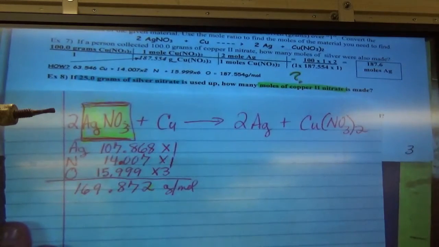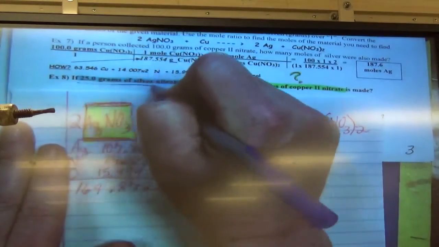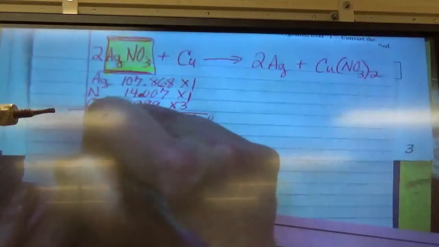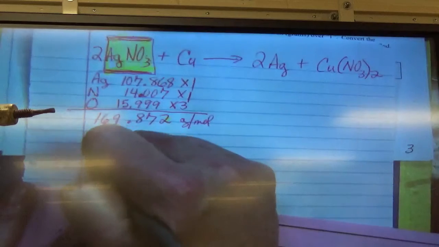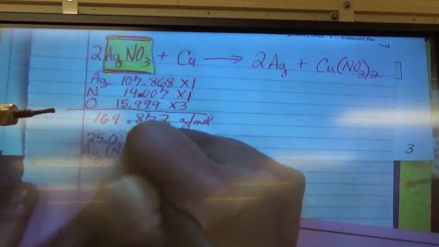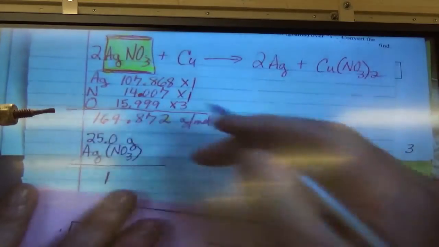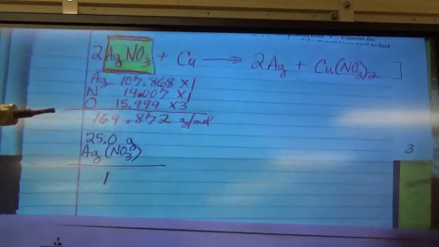Put it on paper so you can see how to do it later. Okay, again, the given is 25 grams of silver nitrate. So, 25.0 grams silver nitrate over 1. Now, remember, we do not want grams of silver nitrate in our answer at all, right?